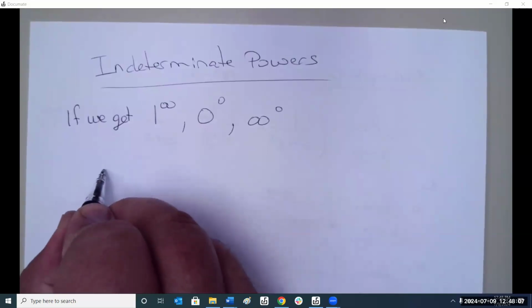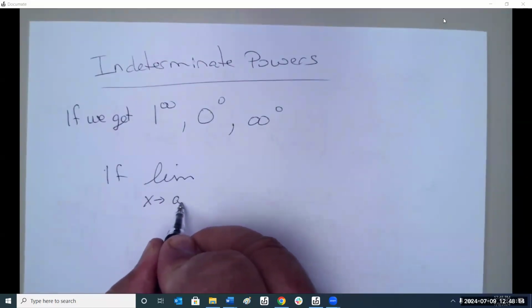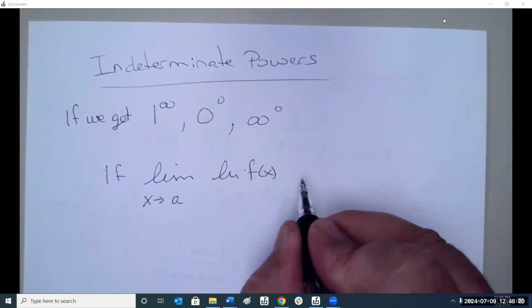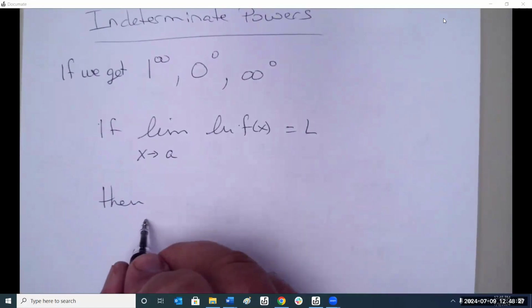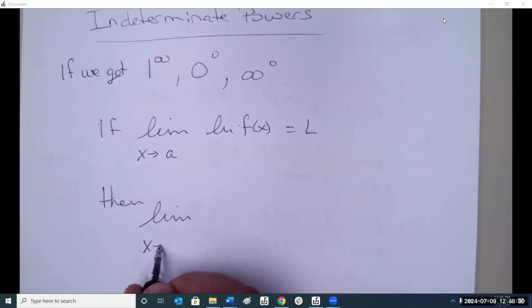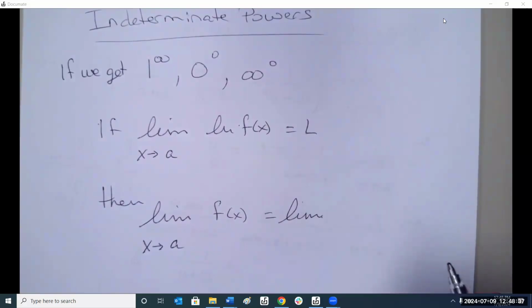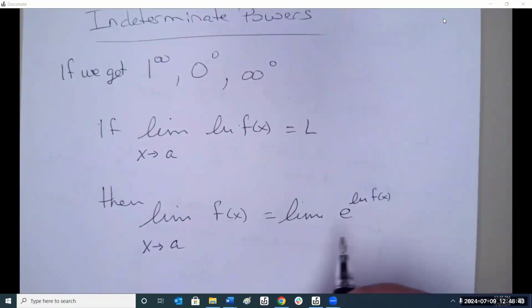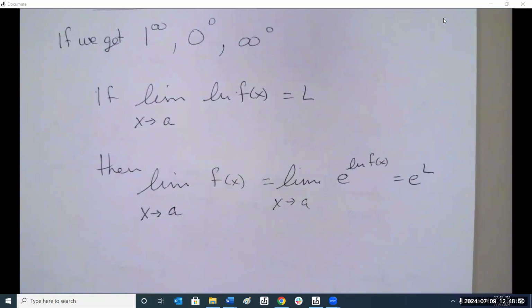Well, here's what it looks like. If the limit as x approaches a of ln of a function of x equals L, then the limit as x approaches a of f of x equals the limit of e to the power ln f of x, which equals e to the power L. And that's what we're going to be using here.